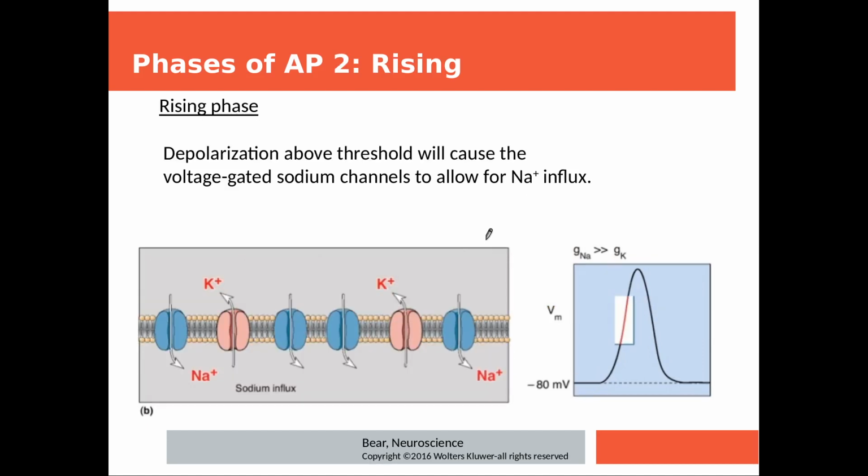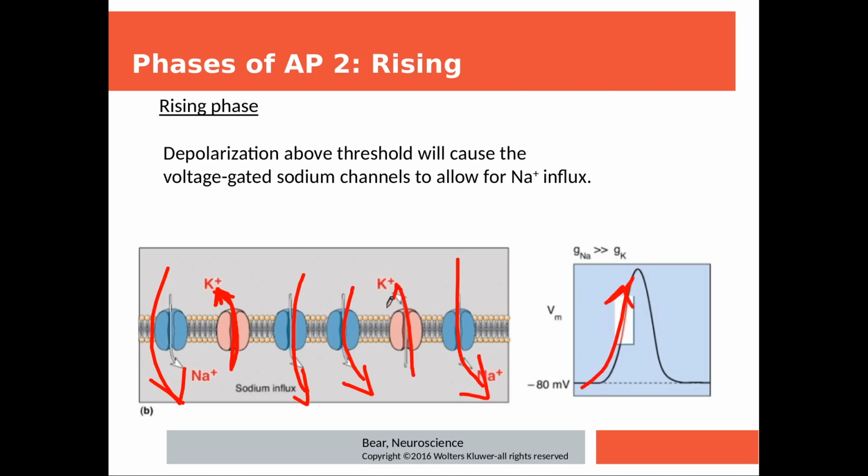But actually, during the rising phase, the sodium conductance increases much faster to a higher value than the potassium conductance. And so even though you have a little bit of potassium leaving the cell, you have more sodium coming into the cell, causing it to increase, right?